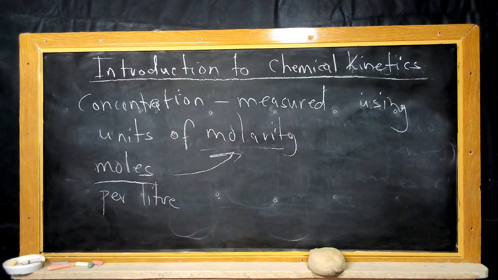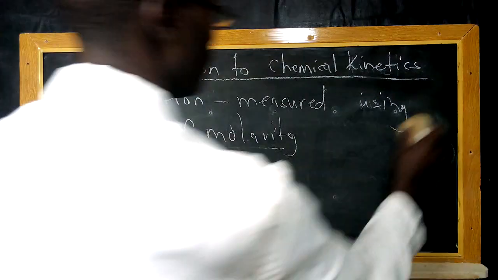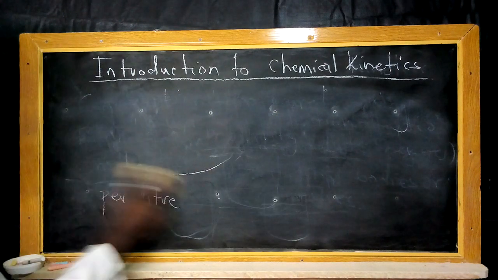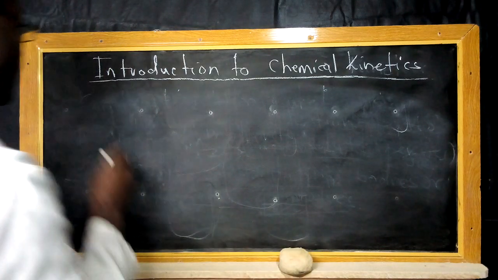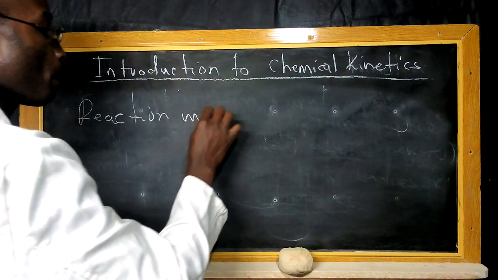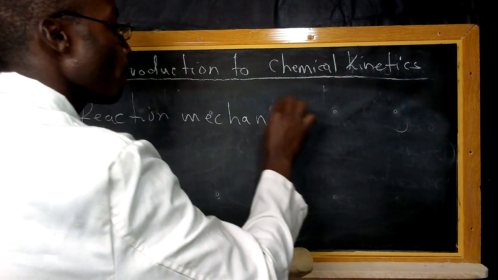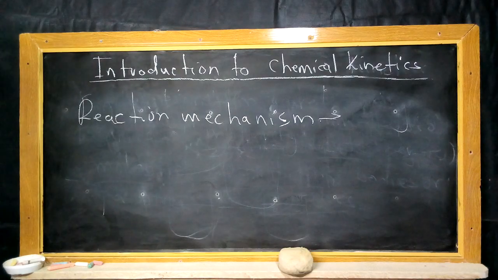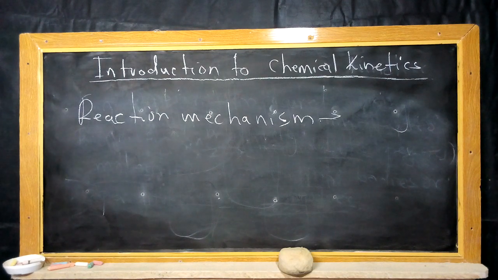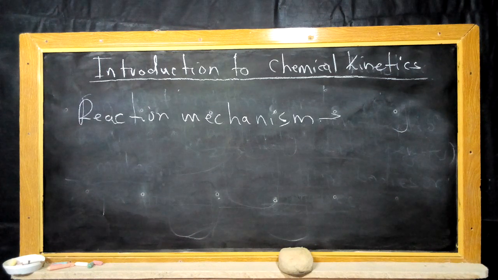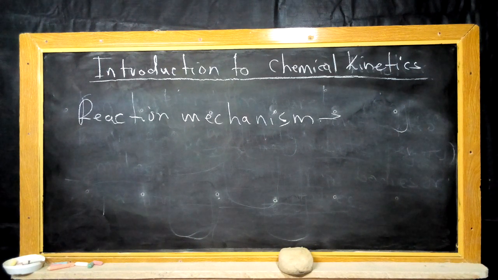So for that case, we are also going to encounter some terms in this chemical kinetics, and terms like reaction mechanism. Now, reaction mechanism refers to the step-by-step sequence of elementary reactions, or steps by which the overall reaction occurs.